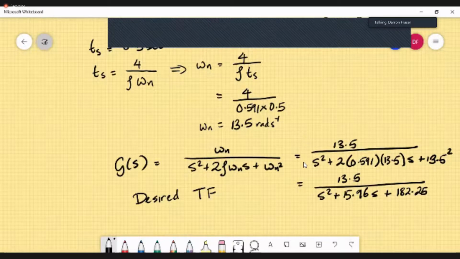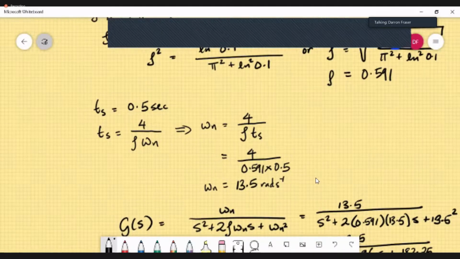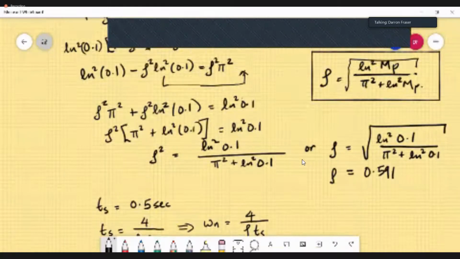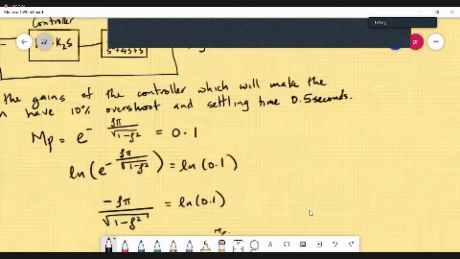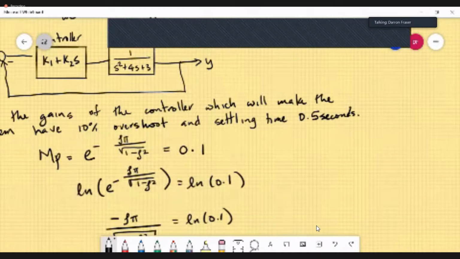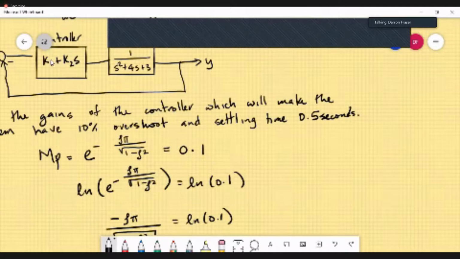But for the initial purposes of this problem now, we don't really need it so much. Oh, okay, sir. All right. So now, what we have to do now is look at this, find the transfer function of the system that we have.